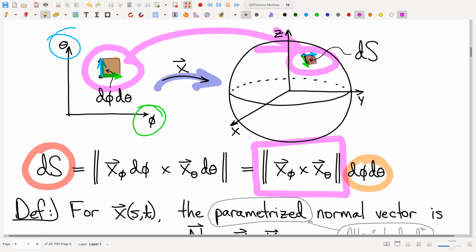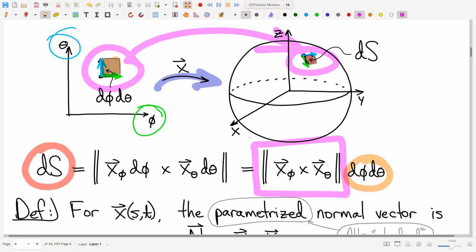It's the magnitude of the cross product of the two partial derivatives of your parameterization. And again, if you want to see all the details of where this comes from, this is a lot of it right here. But where did these come from? These came from the previous page, and if you want to read that previous page to see that, that's totally fine. A reminder, also, perfectly good stuff for office hours. If you want to come ask me in office hours, I'm happy to go through the whole thing with you. No problem.